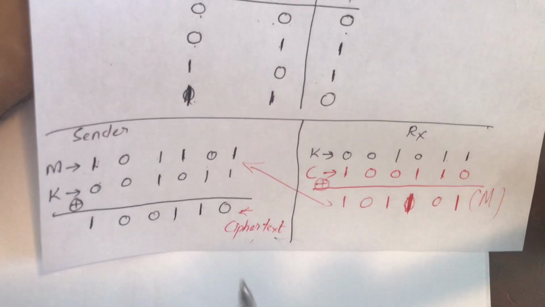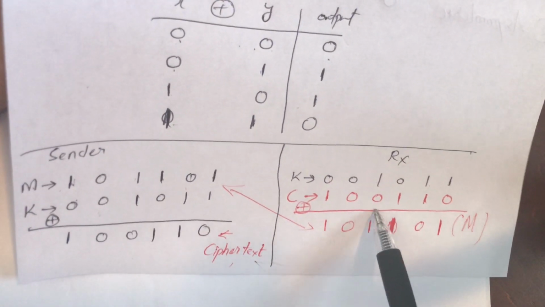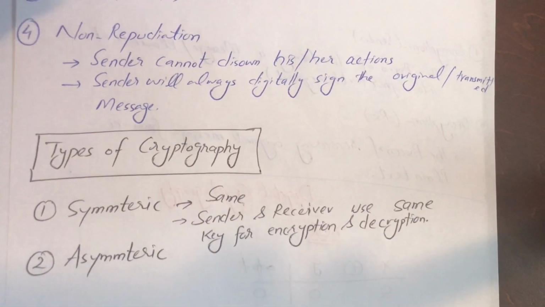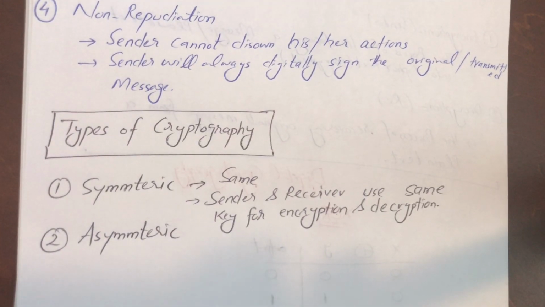Like in the same example, if you see this example, that's the best example to understand. Same key for encryption, same key for decryption. This process is called symmetric encryption. We use symmetric encryption to secure the databases, but for website security and all that, we use asymmetric.